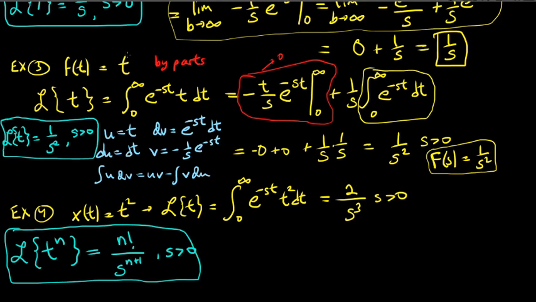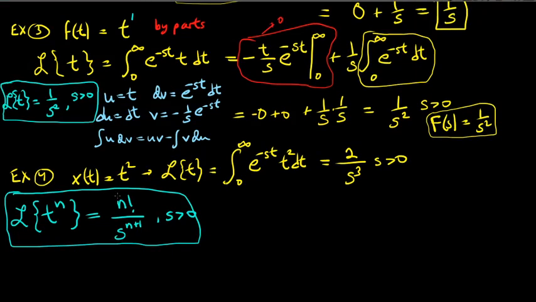When you did t to the 1 up here, 1 factorial was 1. And of course, this works for n equals 0. 0 factorial is 1, and then this is s to the 1, which is just 1 over s again. So obviously this only works for integers 0, 1, 2, 3, and so on.